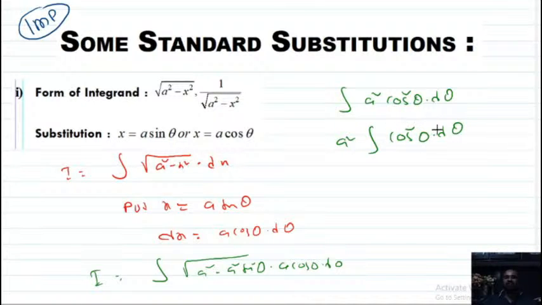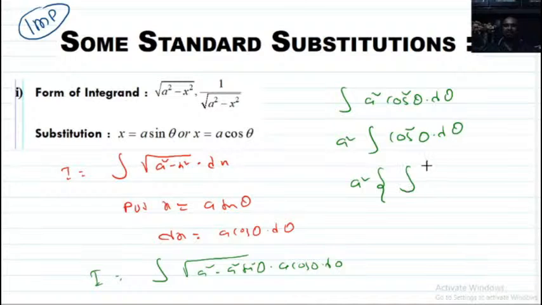Why I am saying under condition: 1 minus sin square theta under the root means mod cos theta. There is no direct formula for integration of cos square theta, so we need to convert it into cos 2 theta. So I can write this as integral of (1 plus cos 2 theta) by 2 d theta.